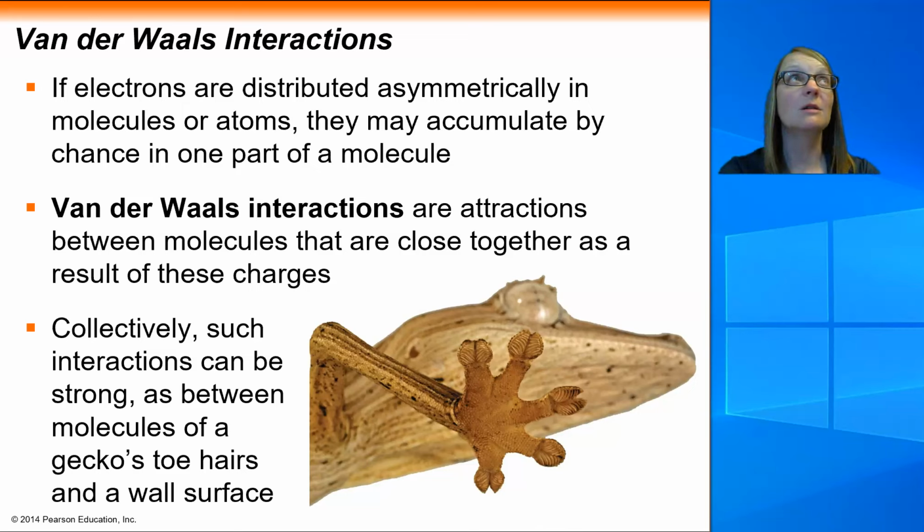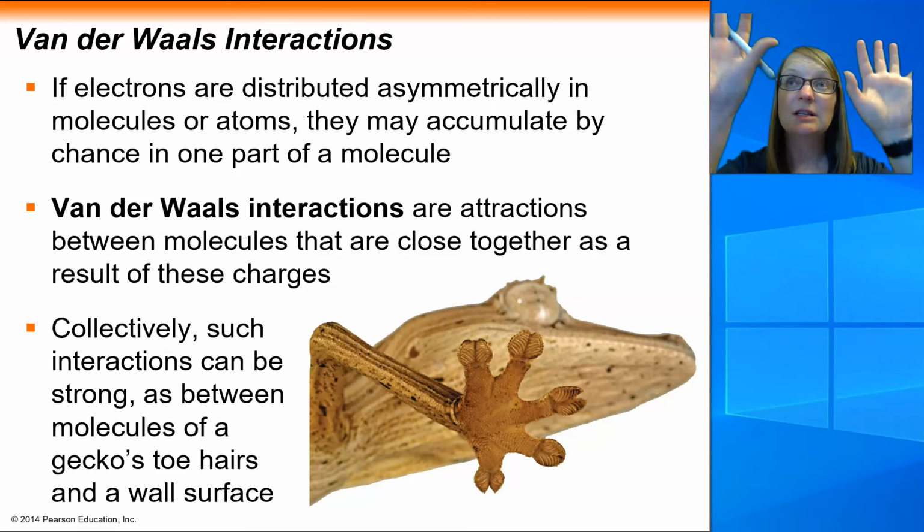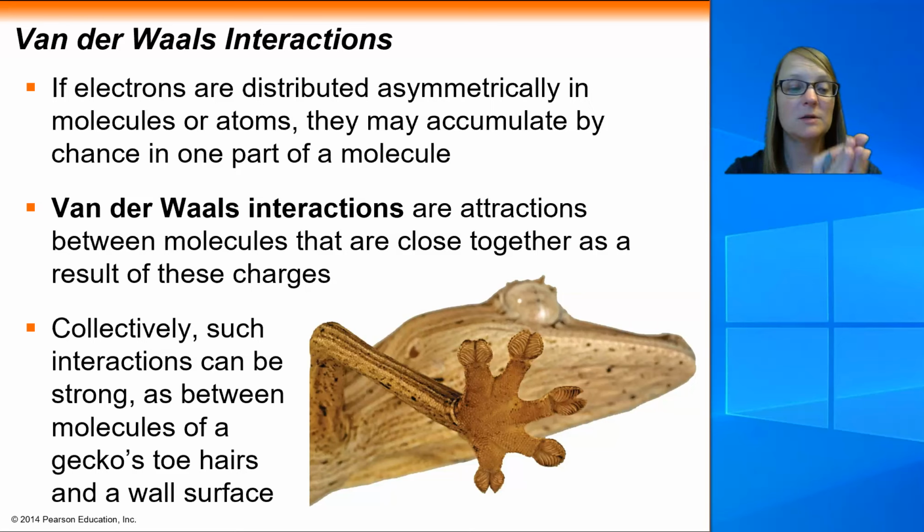Geckos can walk up walls and ceilings, and they do this because they're using those pockets of opposite charges that stick to each other to help them walk up the wall, right? So the fleeting pockets of charge on the foot pads and the fleeting pockets of charge on the wall attract to each other, and that's enough to carry the gecko up the wall or up the ceiling.